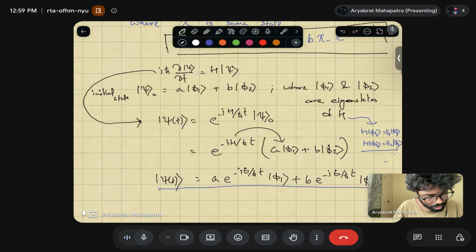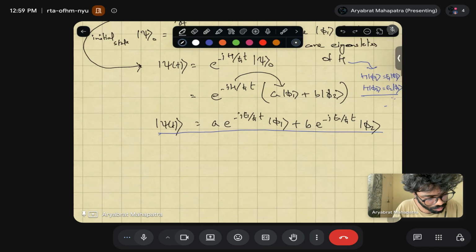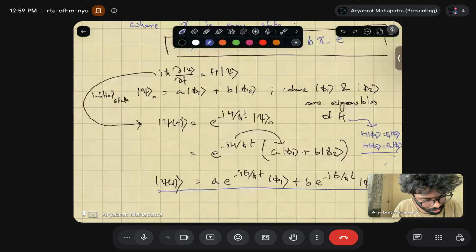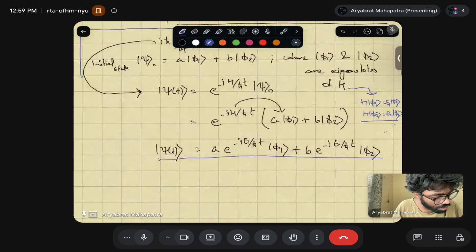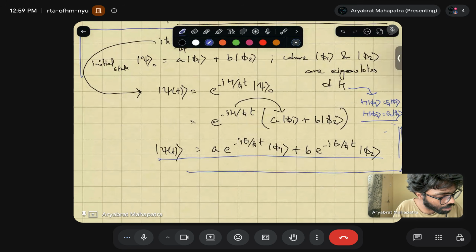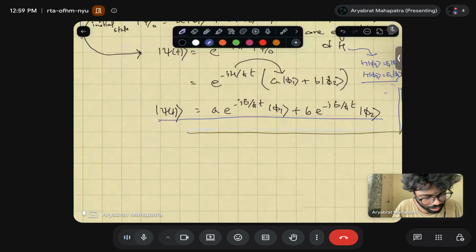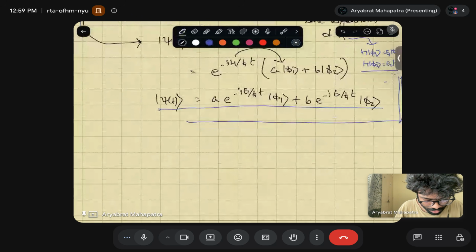So now, this is just some additional piece of information to make you remember. Okay, getting back, as I said, we found chi of t.